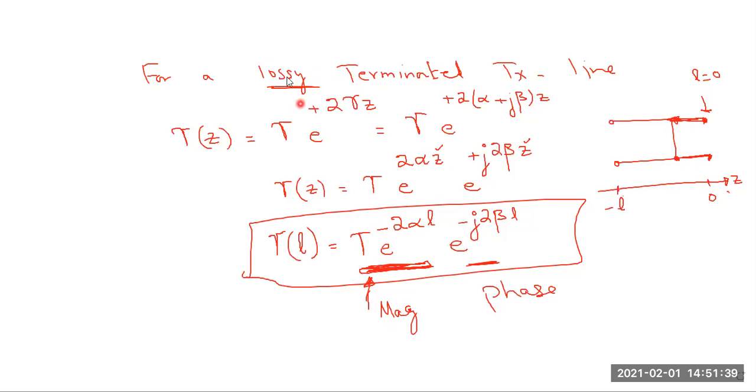But now, for a lossy line, the magnitude will not remain constant. The magnitude will keep on changing. At each and every point, the magnitude of the reflection coefficient will be different. And of course, the phase is changing. Even for a lossless line, we found that the phase of the reflection coefficient was not constant, it was changing. And in the case of a lossy line, we get the same behavior, that the phase will change depending upon the value of L. Okay.